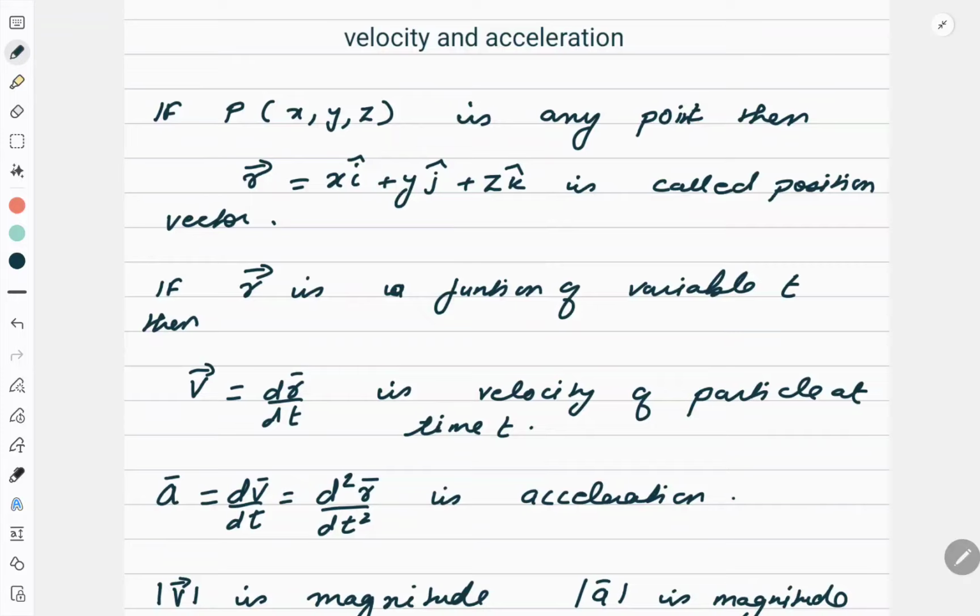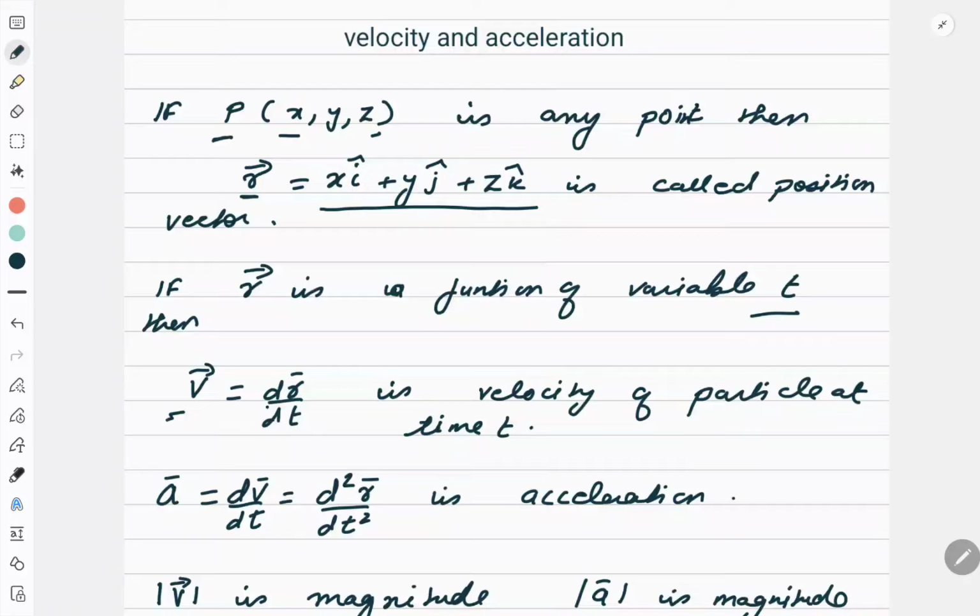Now when we come to vector fields, suppose P is any point with the coordinates x, y, z, then r bar represents the position vector. If this r bar is a function of variable t, then the velocity v is given by dr by dt.